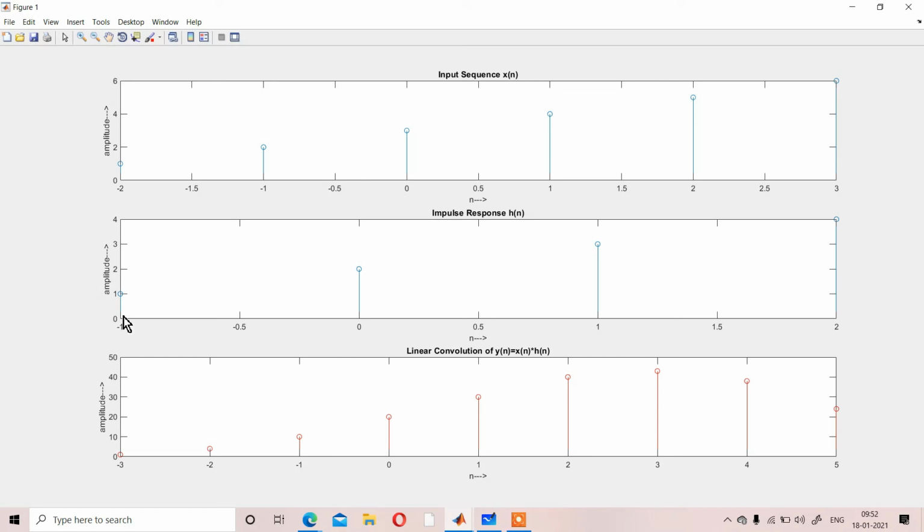Similarly hn, 1, 2, 3, 4, starting position is -1, ending position is 2. With respect to that, your y starting position is -3, ending position is 5. So these are the y values, or simply the linear convolution of xn and hn.